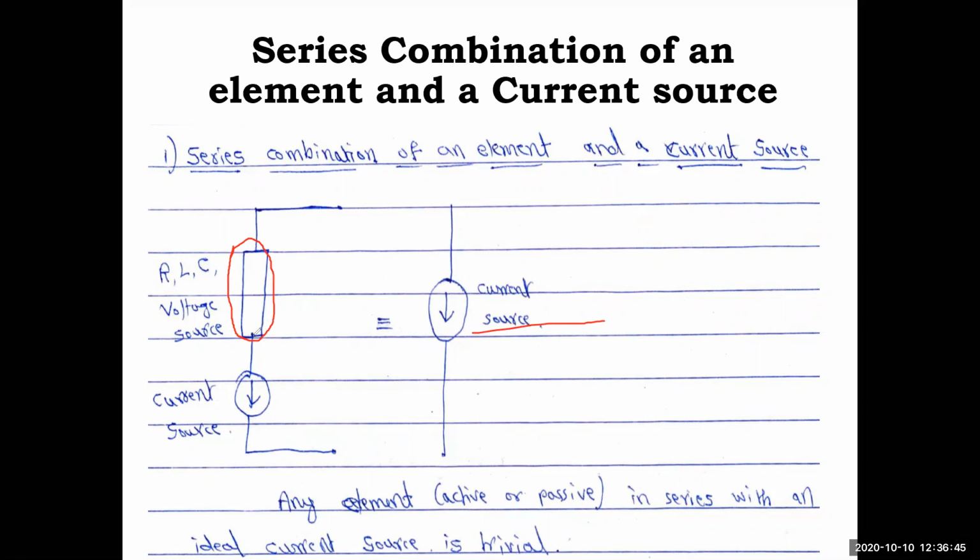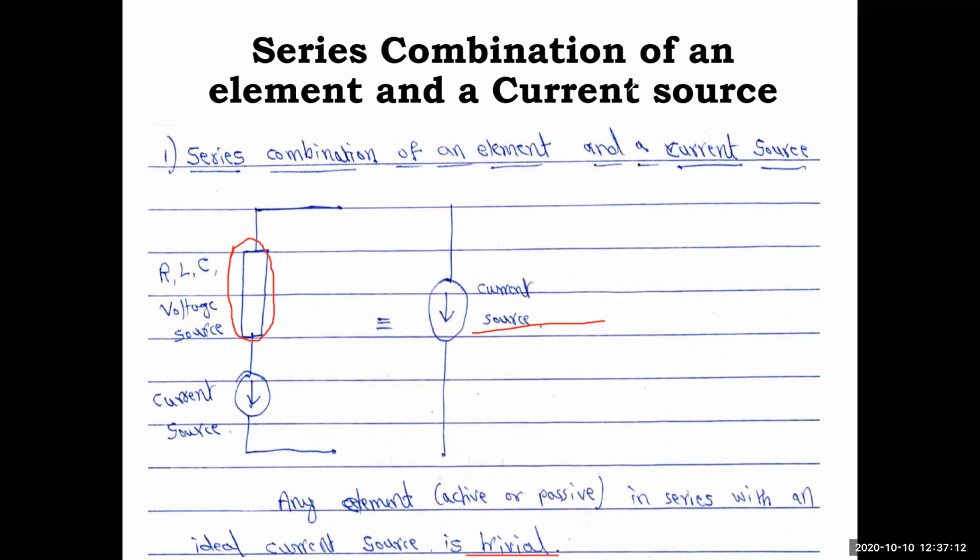When you are doing network reduction, if you see any current source in series with any of these elements, you can straight away remove that element from the network. It is not going to affect your network. We call it trivial. Any element, active or passive, in series with an ideal current source is trivial. That means it does not have any effect on the circuit operation. This is the important property.